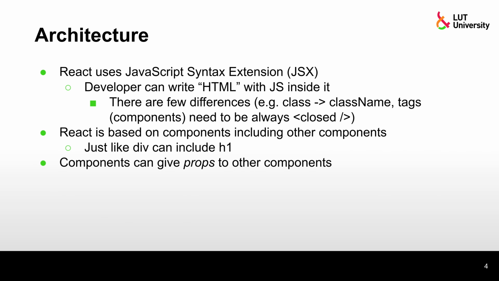And components can give props to other components. They are basically like parameters in functions. Props is short for properties, but as these props can have properties, we call them props, because it would not sound that good to talk about properties that have properties. So you are giving and receiving props from one component to another.